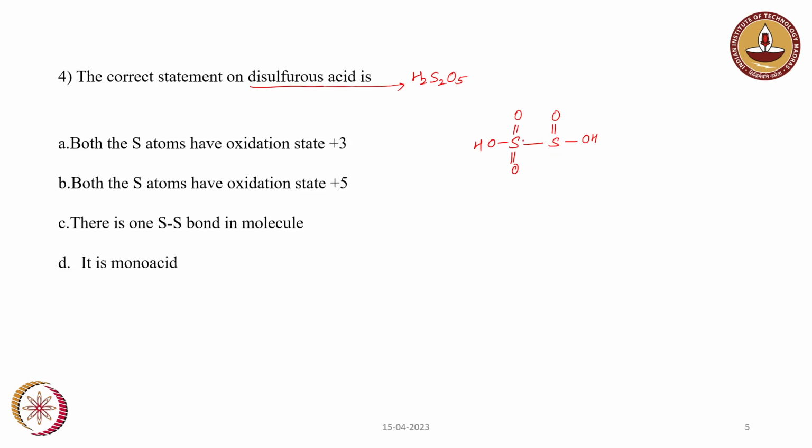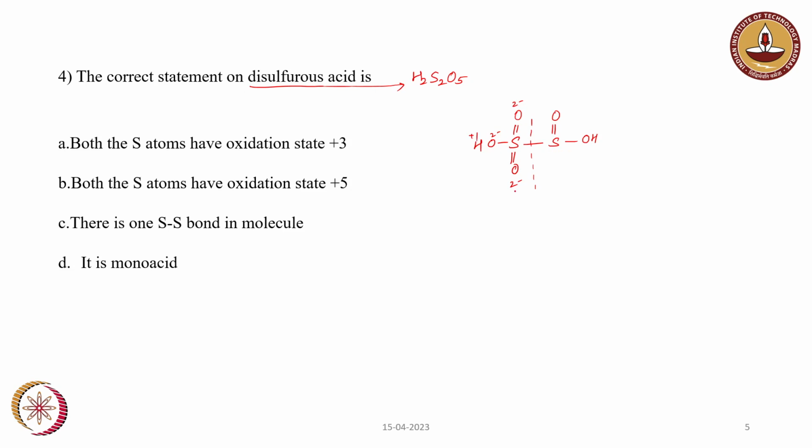In the statements, both S atoms have oxidation state plus 3. So we should calculate the oxidation states. We don't count the SS bond, so we can separately calculate the oxidation state for both sulfurs. Oxygen is 2 minus, and hydrogen is plus 1.